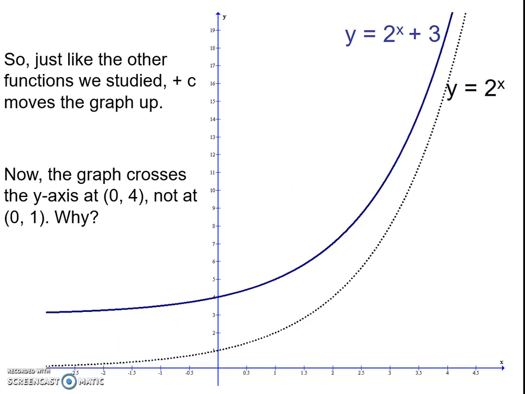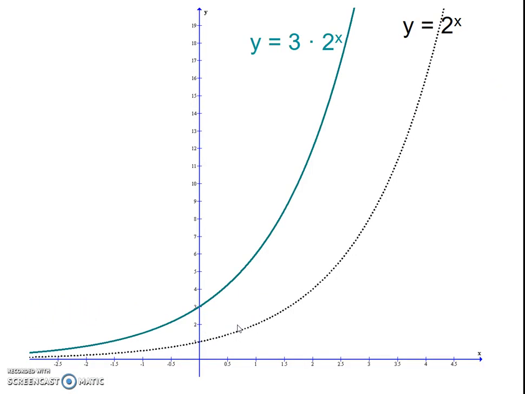So now the intercept is at 0, 4 because you've moved it up. The asymptote is not the x-axis anymore, it's y equals 3. Okay, if you multiply by a constant at the front, say 3, it's going to vertically stretch your graph, which means it'll change the intercept, but not the asymptote.